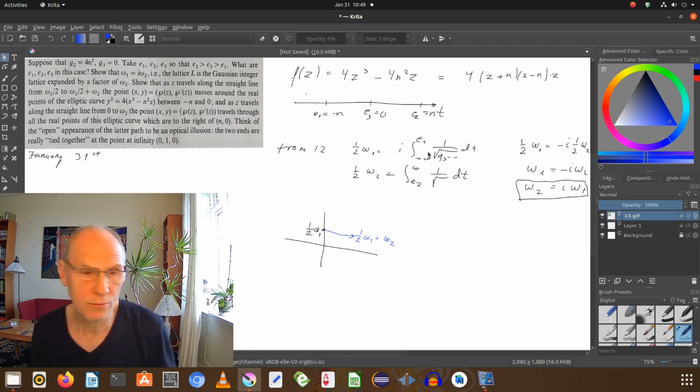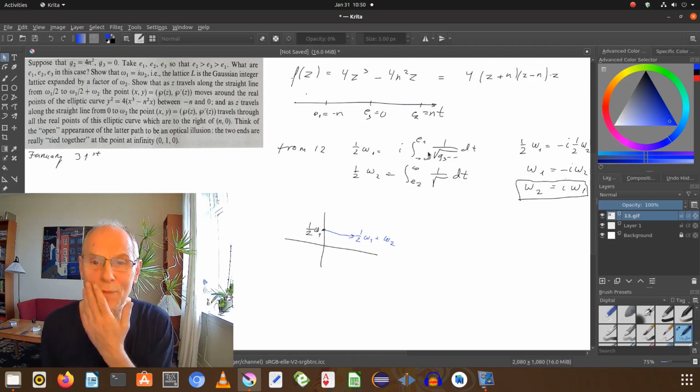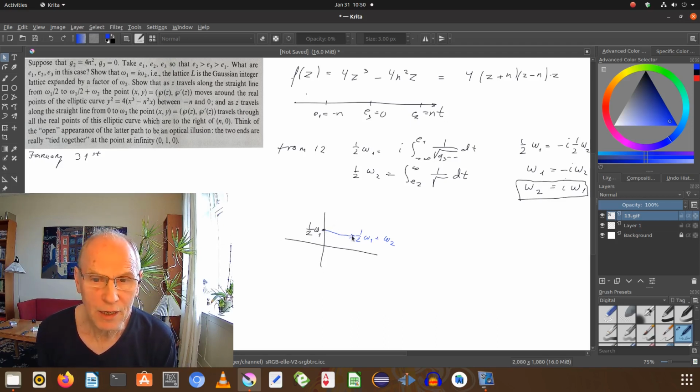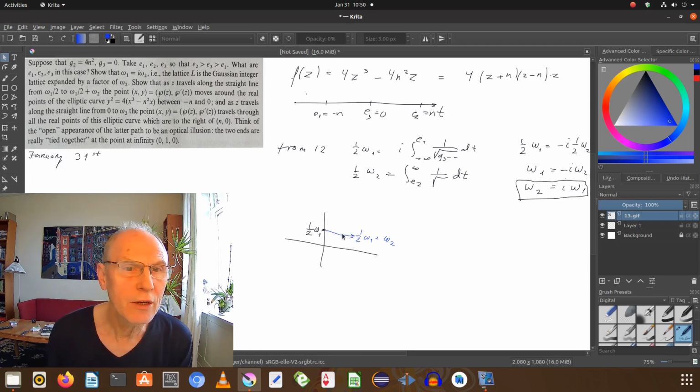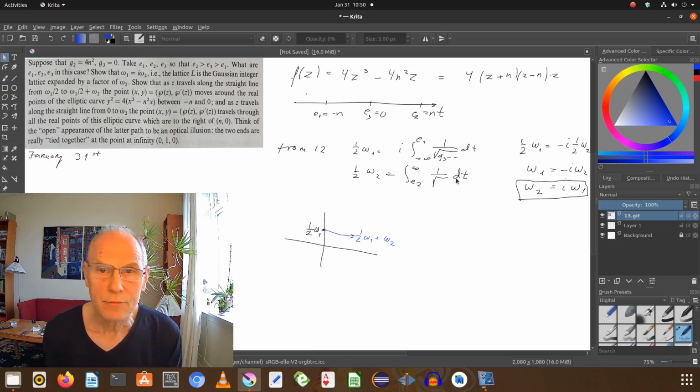So this is the path, and so omega 1 starts here.